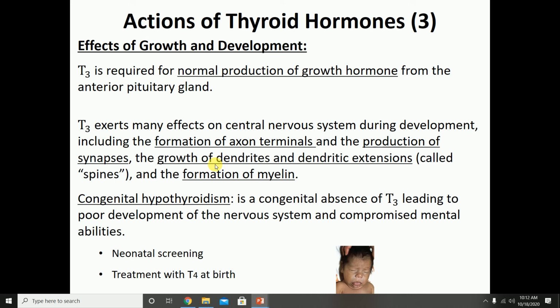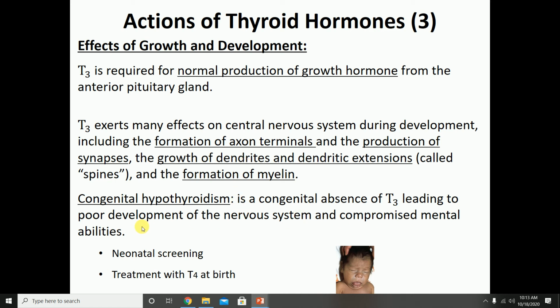So you could see how, if in utero that fetus has hypothyroidism, their thyroid gland isn't making enough thyroxine, that would lead to a condition known as congenital hypothyroidism. That is a congenital absence of T3 leading to the poor development of the nervous system. You could now know why, because T3 is needed for the healthy development of the nervous system, and that can compromise the mental abilities.